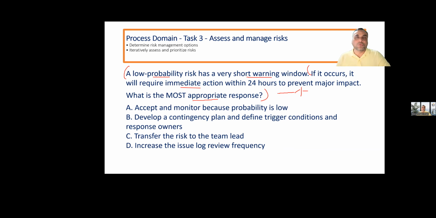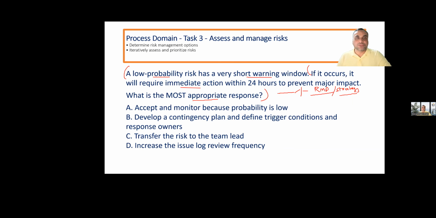You need to improve your risk management plan, which means you need to set a strategy. You need to establish a strategy for those risks to save ourselves.